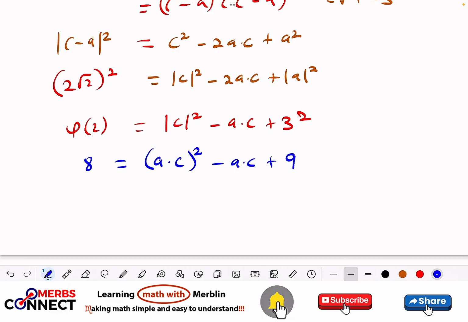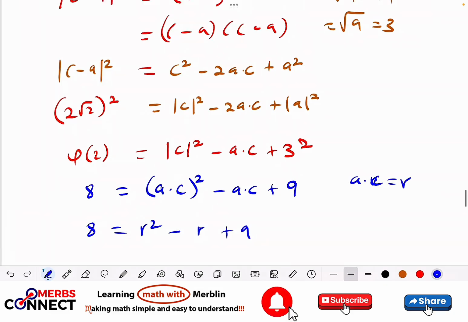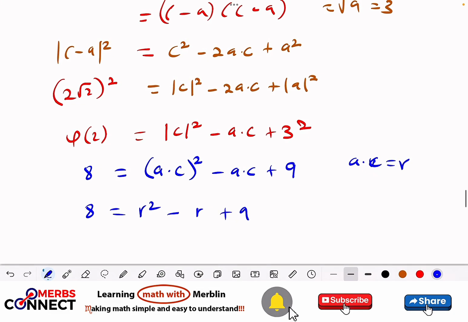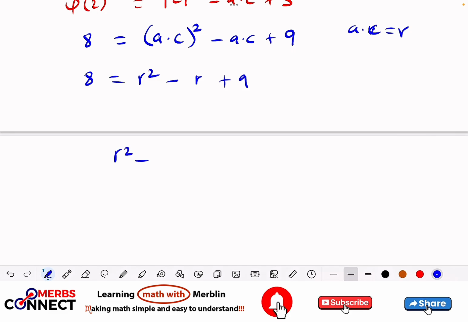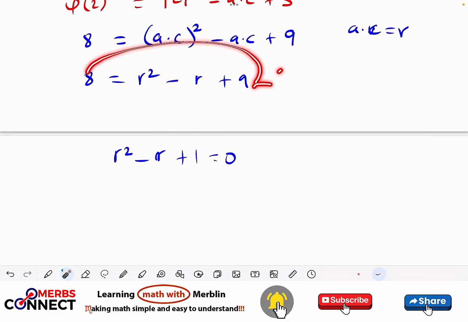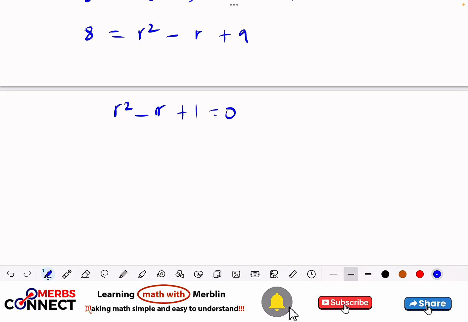Let me assume that A dot C is equal to r. So I'm going to have 8 is equal to r squared minus r plus 9. Let's solve for r. So r squared minus r plus 1 is equal to 0, because when I move 8 here, minus 8 will be 1. I think this is the same as r minus 1 squared is equal to 0.